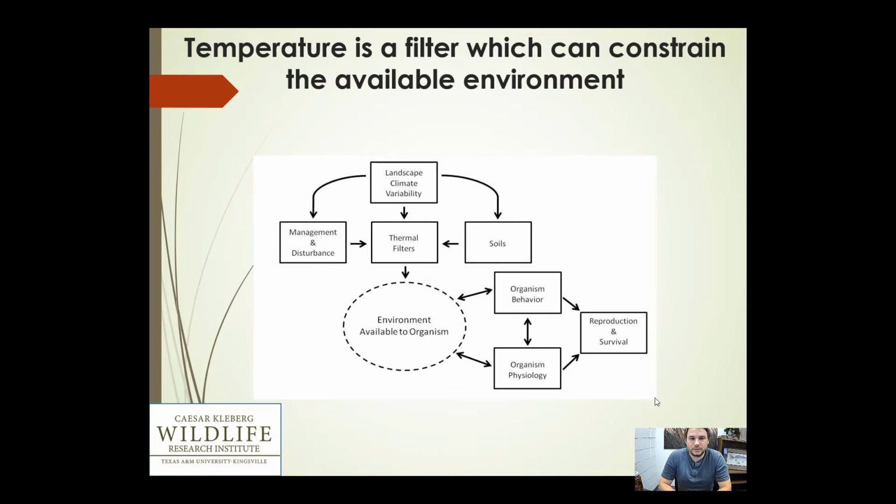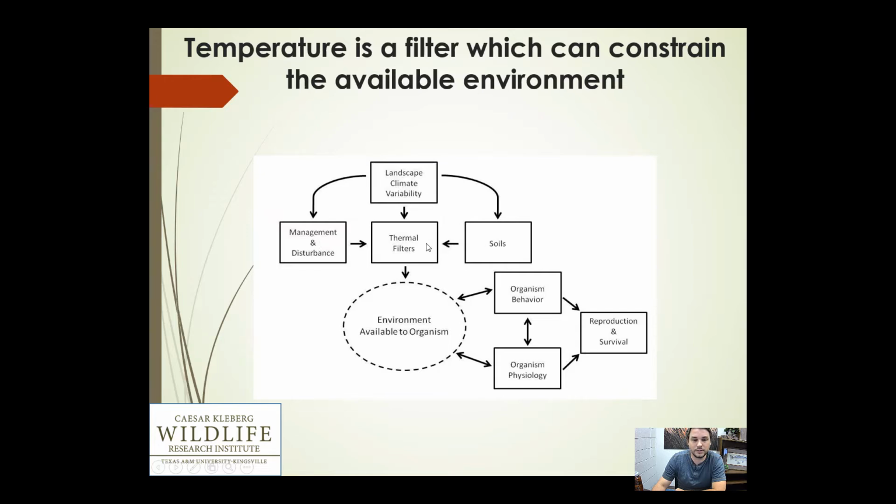So when we think about landscapes as thermal moderators, temperature is really a filter which can constrain the available environment for all living organisms. We have this schematic where we think about these ultimate forces, like where we're at on the landscape, climate patterns, and the variability of these ultimate forces, which then drive not only soil types, management, vegetation types, and disturbance events.